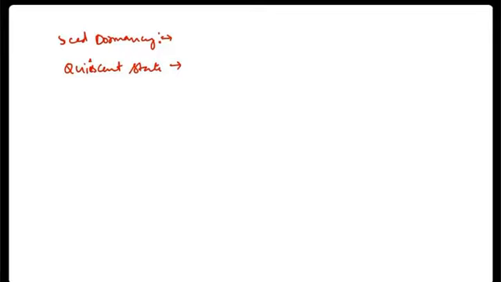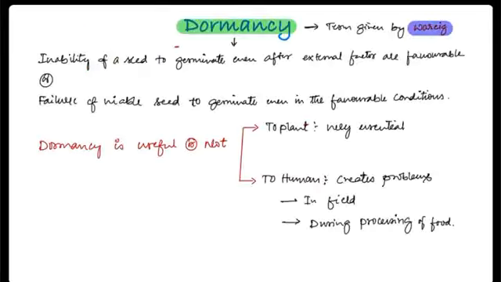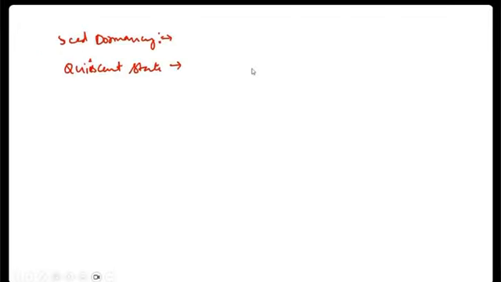Okay. See, whenever we talk of dormancy, it is nothing but a failure of a seed to germinate. When we speak about the germination process, if you sow some seeds and they are not able to germinate, what is germination?